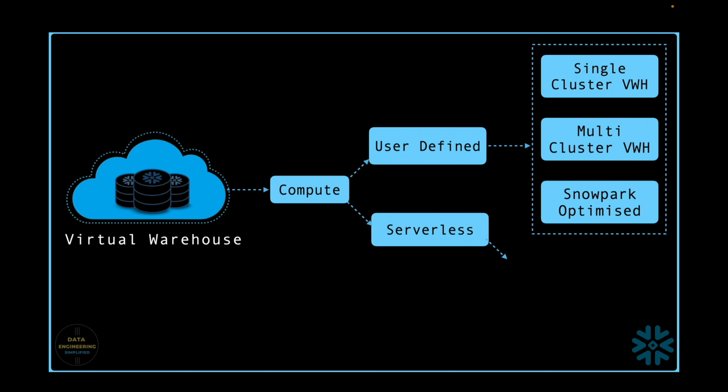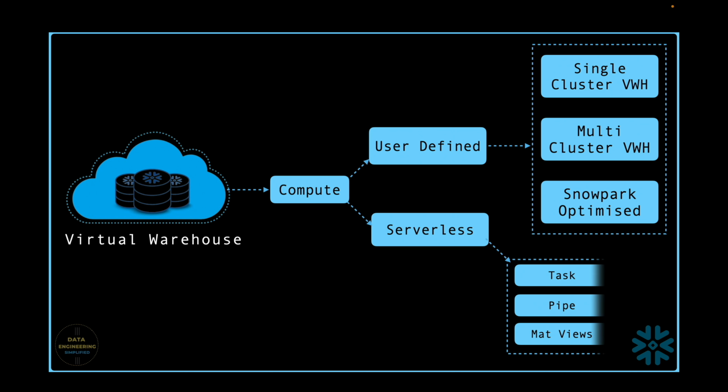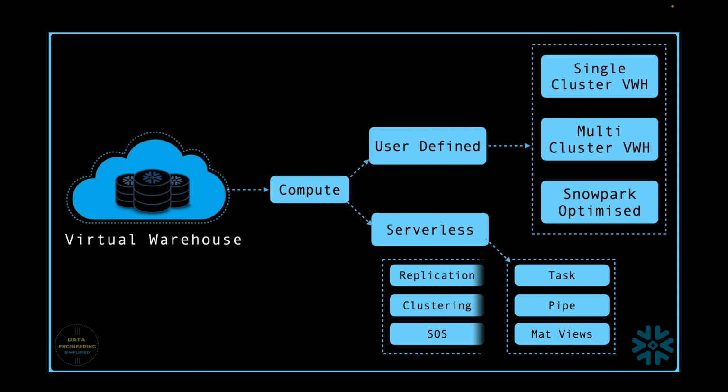When it comes to serverless, you as a data engineer don't have much choice to configure, and it is automatically provisioned by Snowflake based on your declaration and scaled in and out by the Snowflake Cloud Service Layer as per the workload demand. If you are running a task or using a pipe object to copy data or creating materialized views that refresh automatically, all these objects use serverless compute provided by Snowflake.